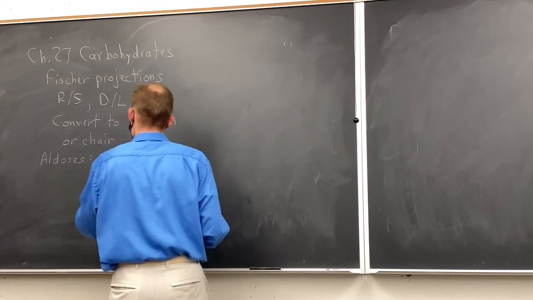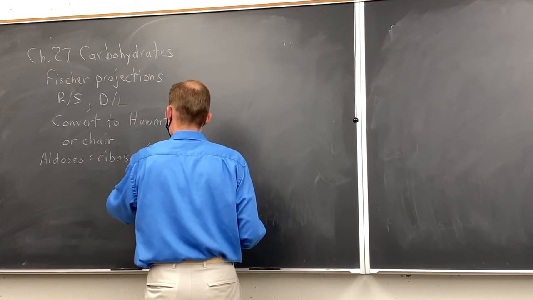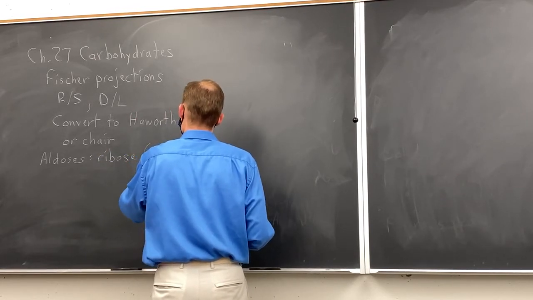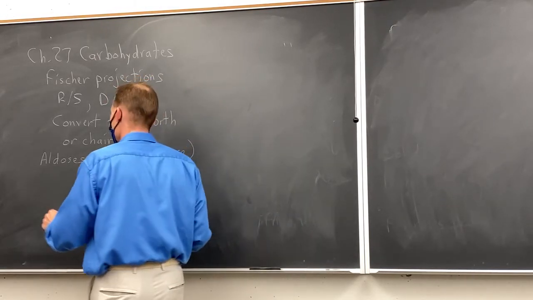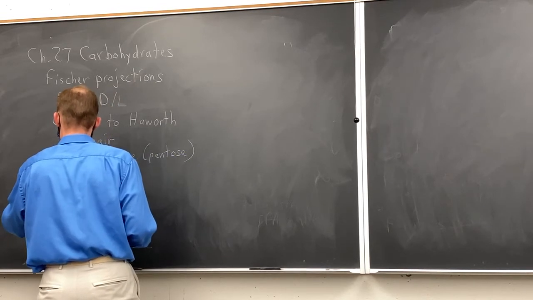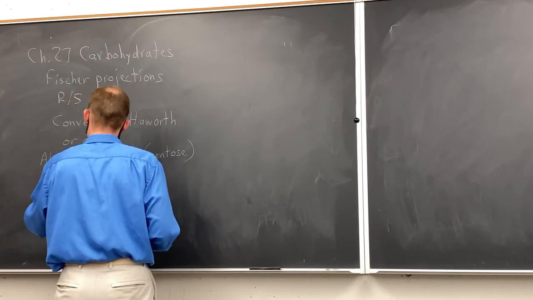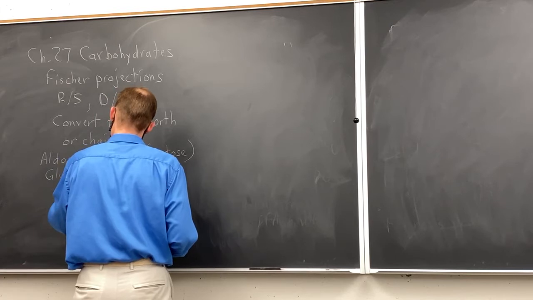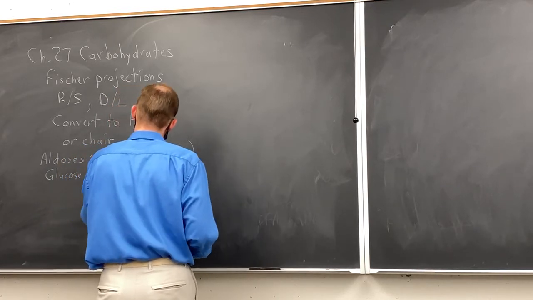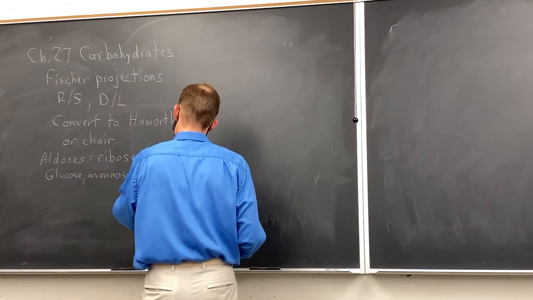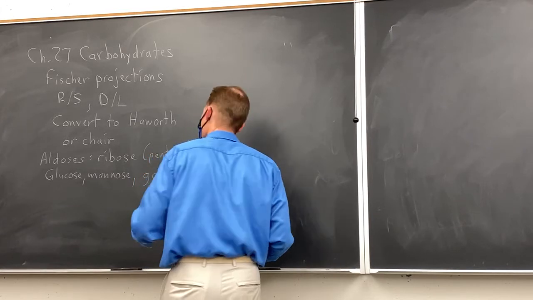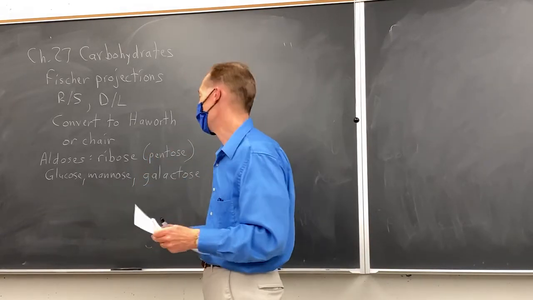We have ribose, which is the only pentose that we asked you to learn. And then we have glucose, mannose, and galactose, our three hexoses, aldohexoses, that we asked you to memorize.